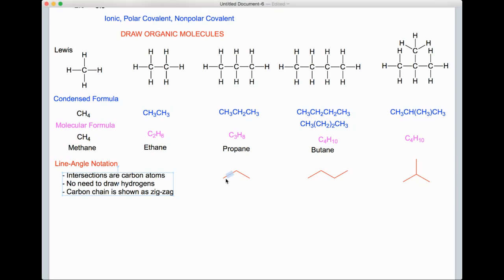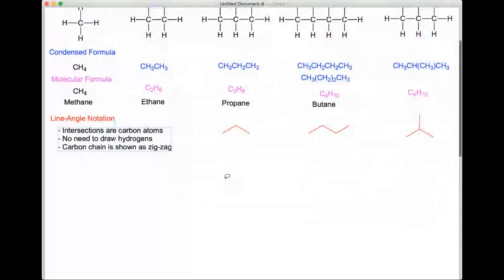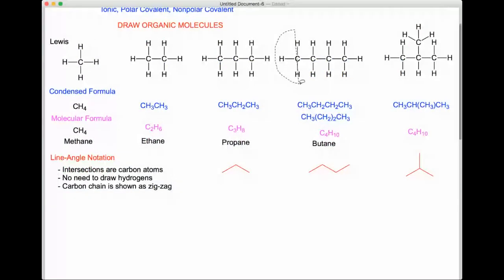All right, so let me give you something else. Before I continue, I wanted to add something here. These last two molecules, you can see how they have the same molecular formula, but they have different structures. So the same molecular formula, but they have different connections in between the carbon atoms. The carbon atoms are connected here differently as they are connected here.